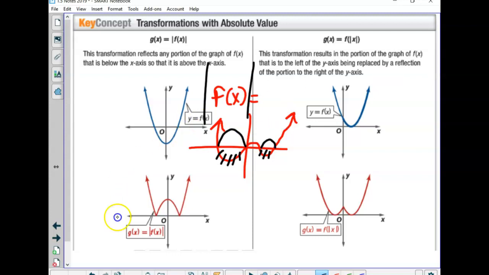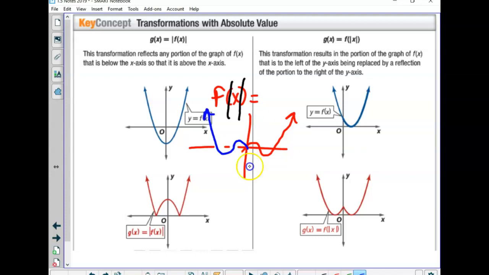On the other hand, if I put the absolute value in here, what that does, this is really weird, guys, is it totally erases all the negatives on the left, and it takes what was ever to the right and makes the graph have y-axis symmetry.